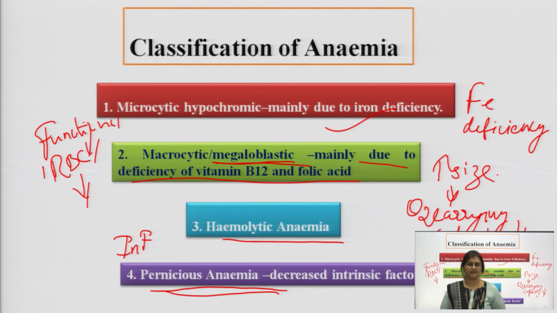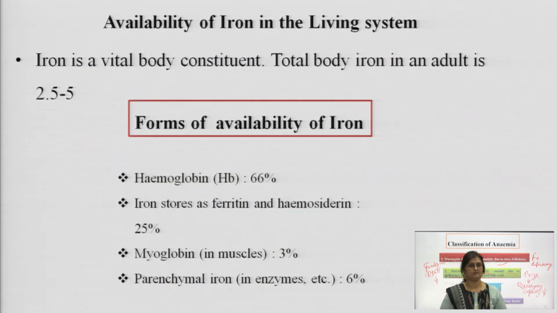These are the different types of anemia in which there is impaired function of red blood corpuscles. These are mainly caused due to decreased RBC formation or decreased capacity of RBC to carry oxygen.